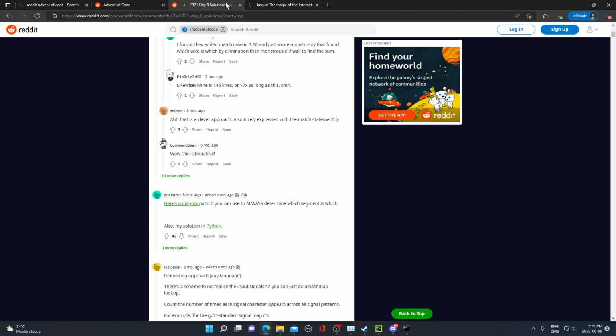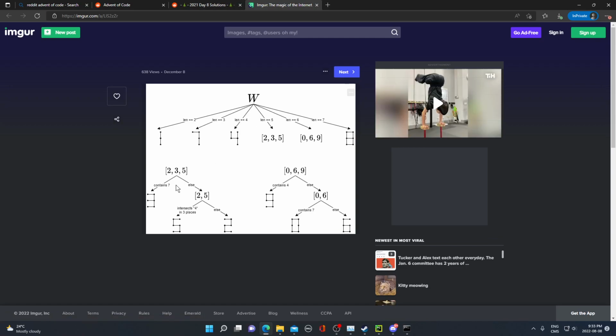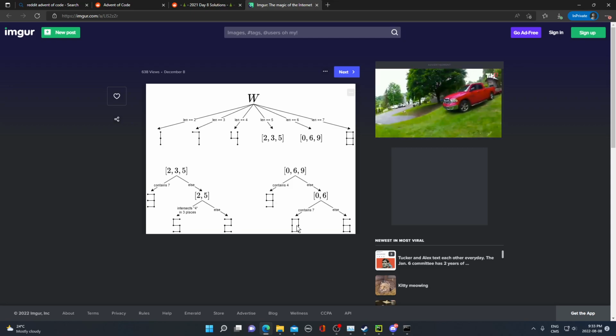I want to see this diagram here. Okay, contains 7 else. I mean, that's sort of how I did it.